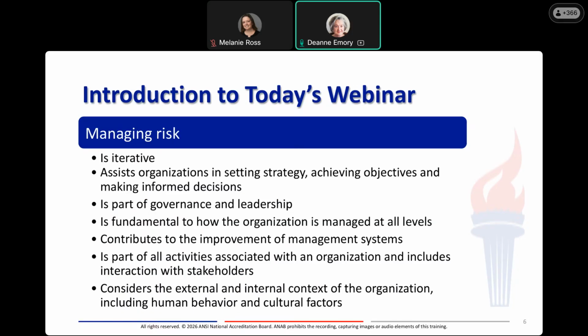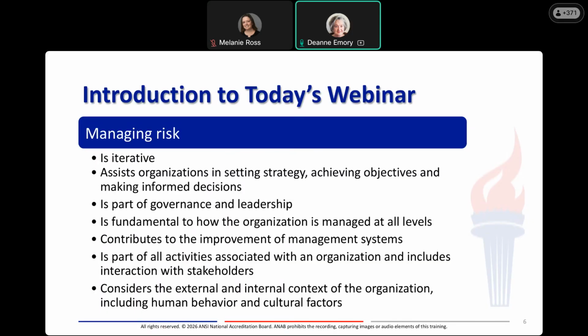Managing risk assists organizations in setting strategy, achieving objectives, and making informed decisions. It is part of governance and leadership and is fundamental to how an organization is managed at all levels. It contributes to the improvement of management systems, which is what we are all trying to achieve.